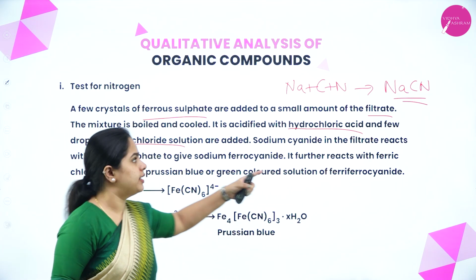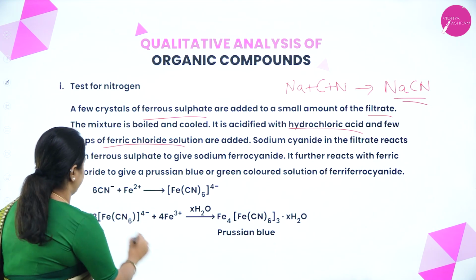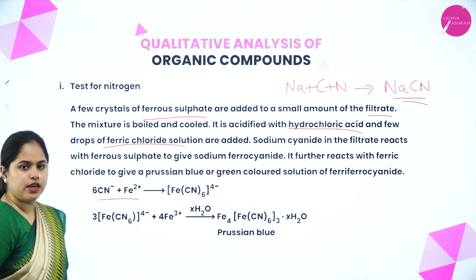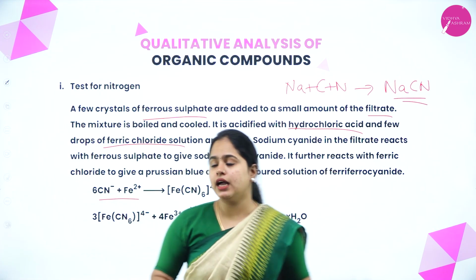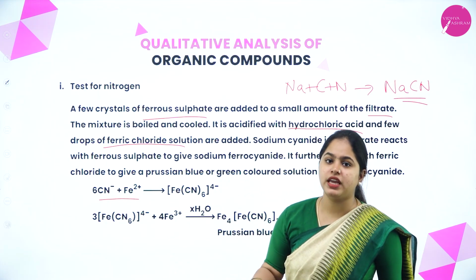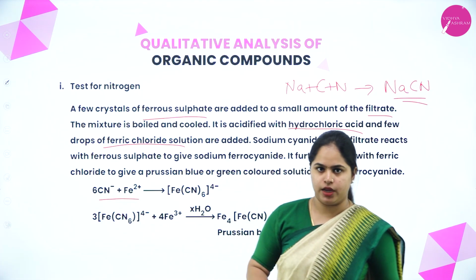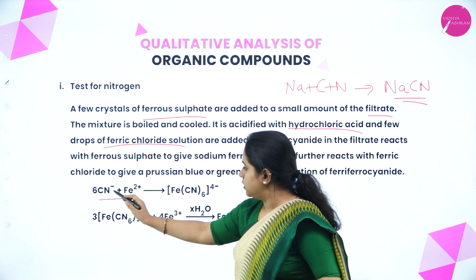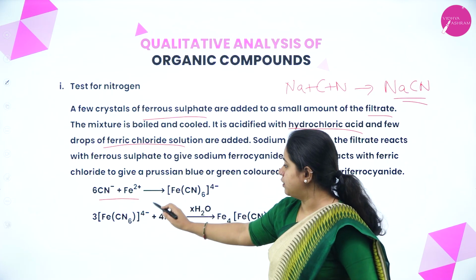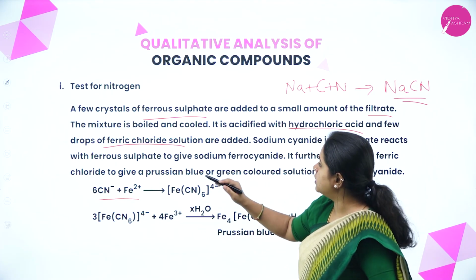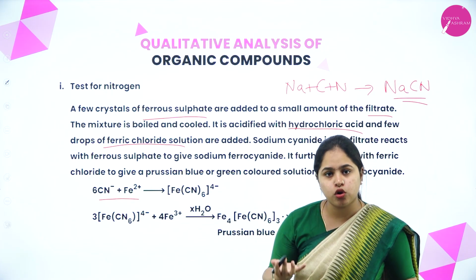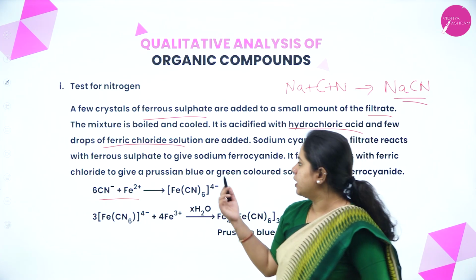So the sodium cyanide is reacted with ferrous sulfate. That is the reaction that you can see. Sodium cyanide is reacted with ferrous sulfate, which is shown by Fe2+, and NaCN is shown by CN- ion. Then it is acidified with hydrochloric acid and ferric chloride is added.